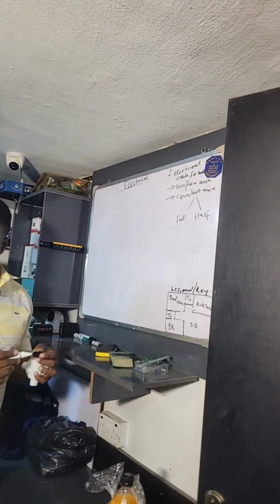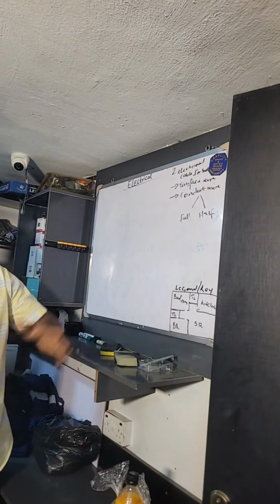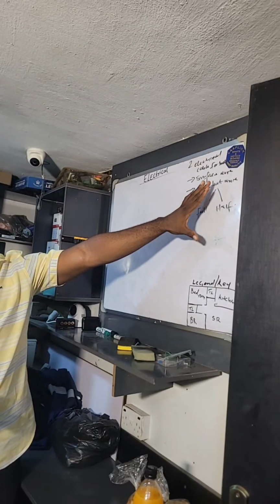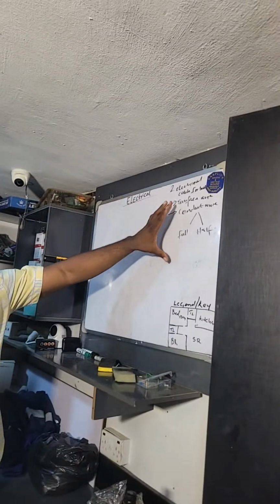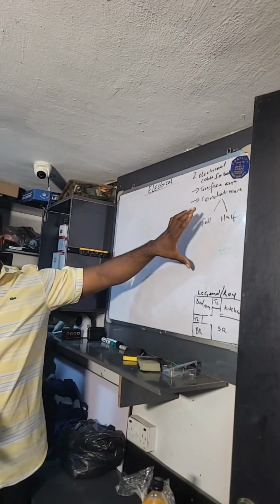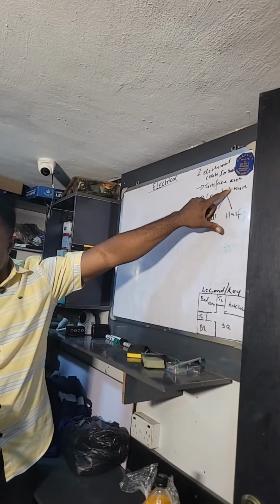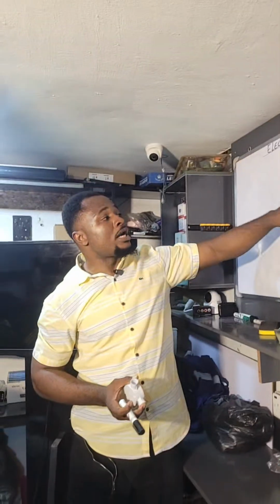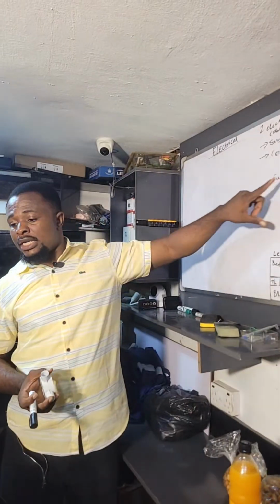Am I communicating? So we have two electrical cable lines, two ways of passing electrical in a building: the surface wiring and the conduit wiring, and in the conduit wiring we have the full conduit and the half conduit.